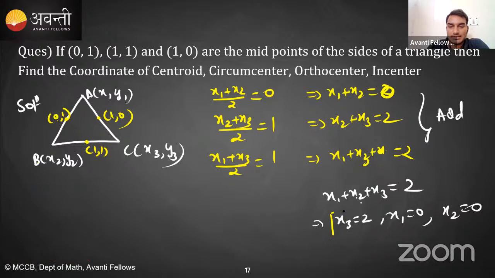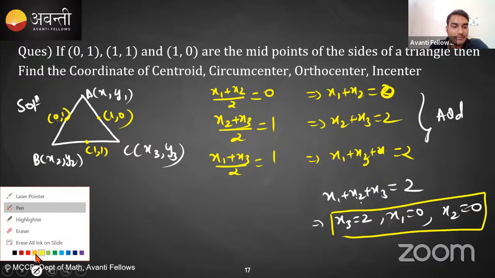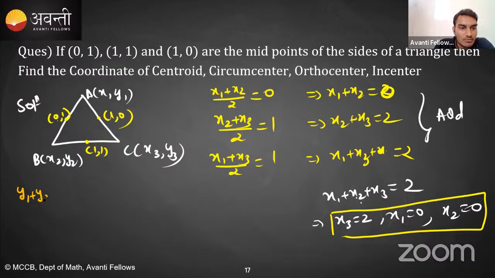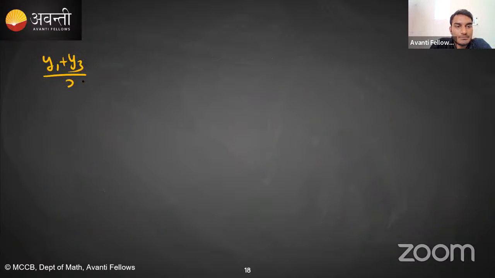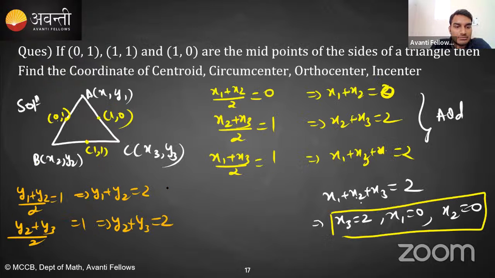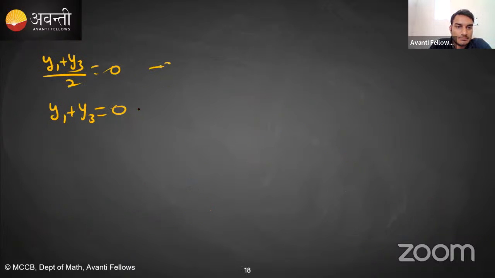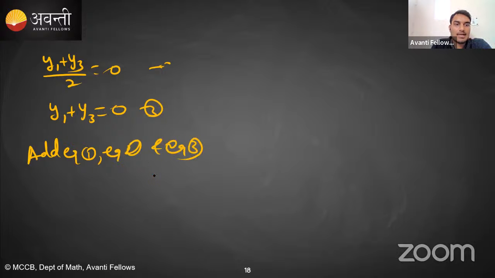So these are the x coordinates of the vertices. In the same exact way, you can find the y coordinates also. (y1 + y2)/2 is 1, so y1 + y2 is 2. Similarly, (y2 + y3)/2 is 1, so y2 + y3 is 2. Again, (y1 + y3)/2 is the midpoint, which is 0, so y1 + y3 is 0. Now add these equations 1, 2 and 3, and you will get y1 + y2 + y3 equal to 2.